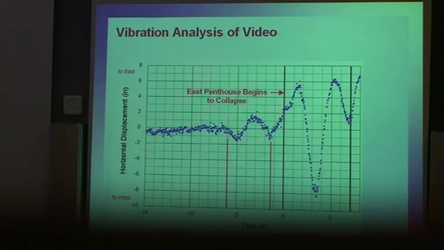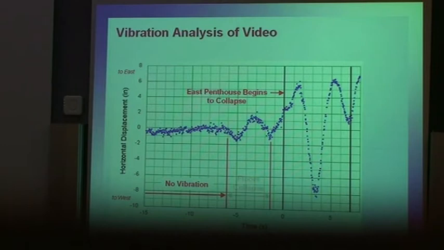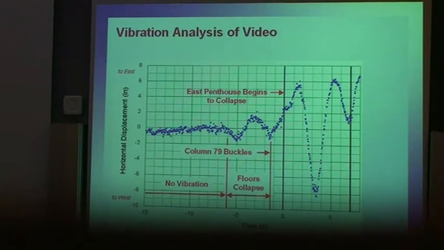And then even before this event happens, you can see this vibration. This is basically immediately before the buckling event, the floors are collapsing. No vibration first, floors collapsing, and then at the end of those floors collapsing, column 79 buckles, and then this region would be for vertical progression of collapse, and then this is when the east penthouse would disintegrate.